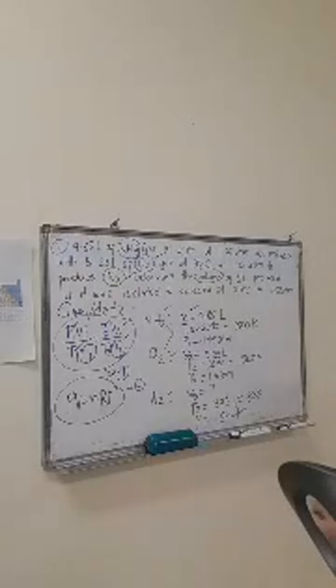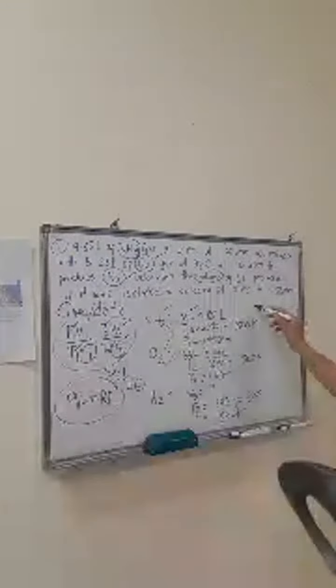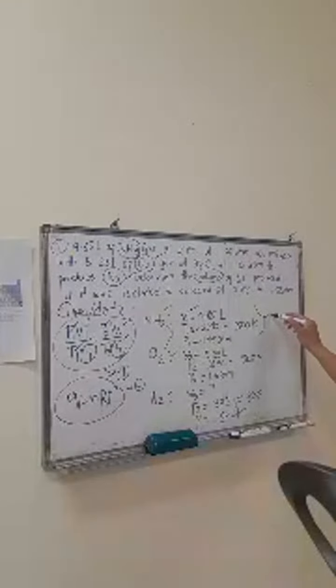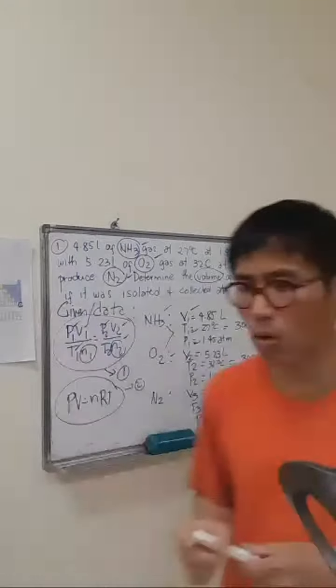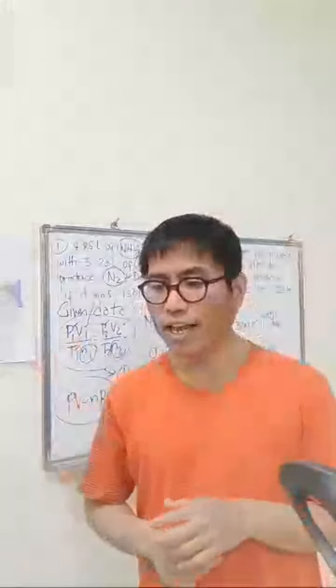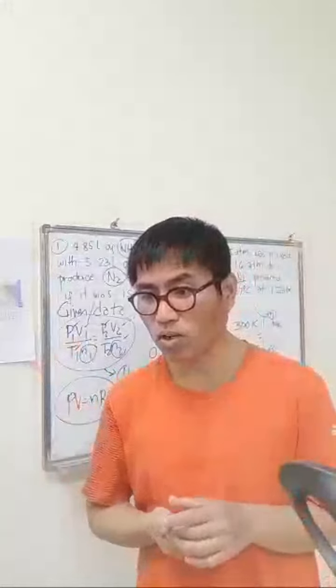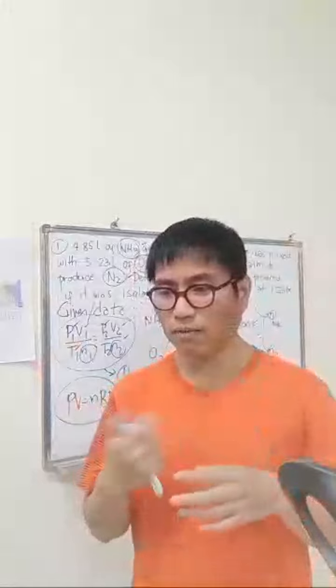Or you can do it individually, by getting the number of moles N of ammonia and also the N of oxygen gas. N meaning number of moles. As I always taught you a long time ago, small letter n in chemistry is always number of moles, unless otherwise specified.